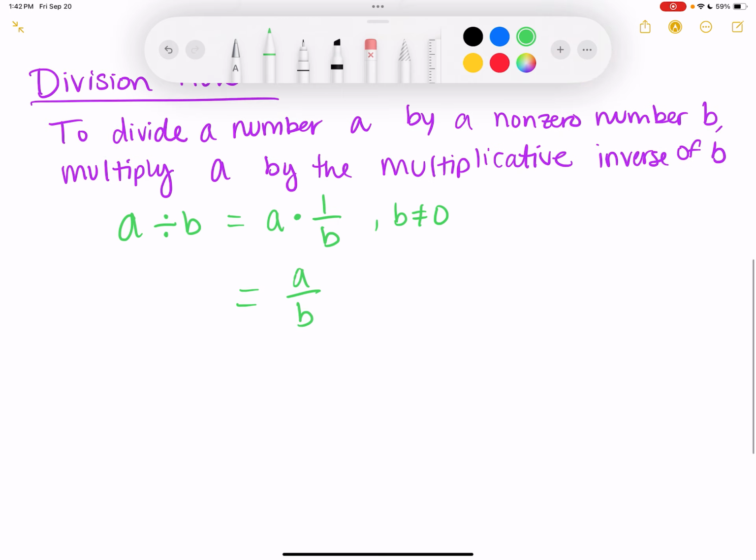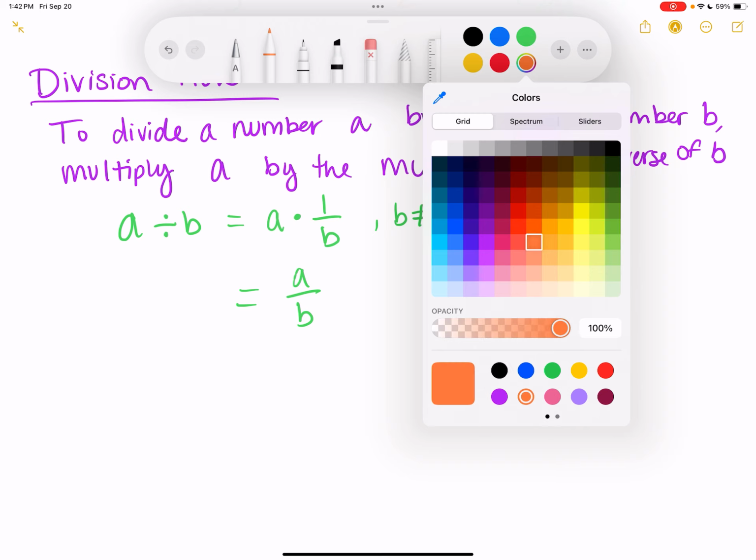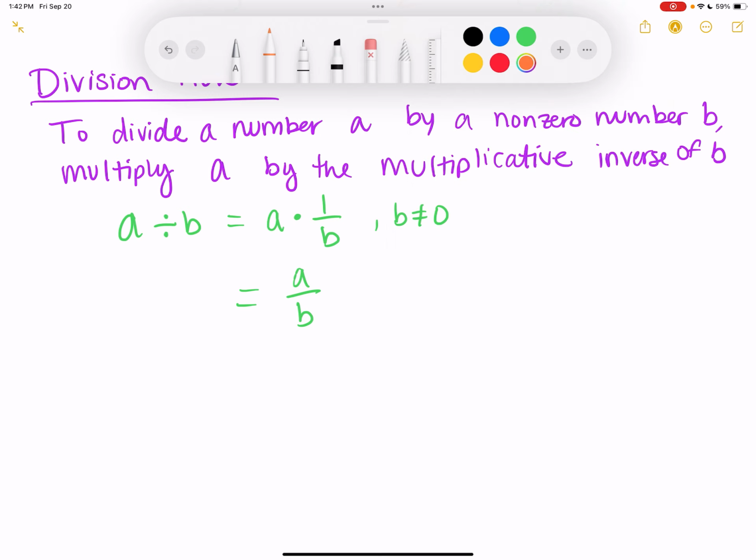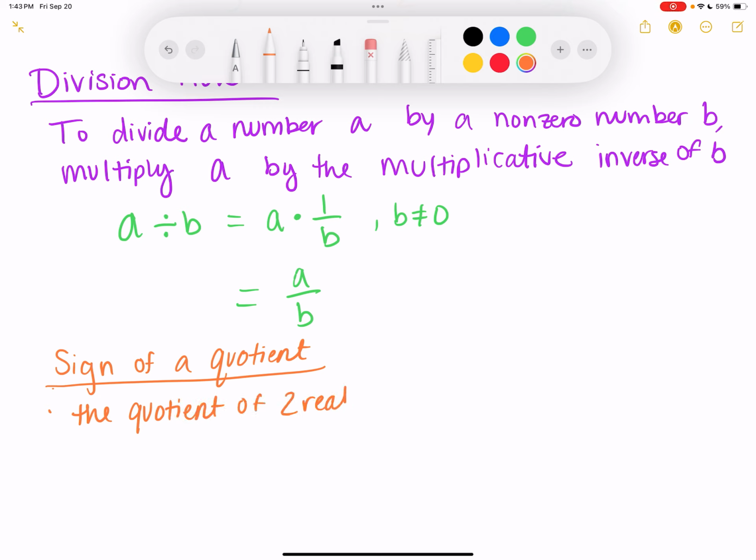All right, the next thing in terms of the signs when we're dividing, so they say the sign of a quotient. I'm sure y'all have heard this before, but much like with multiplication, the quotient of two real numbers with the same sign is positive.